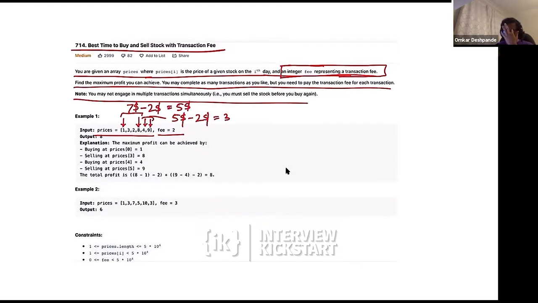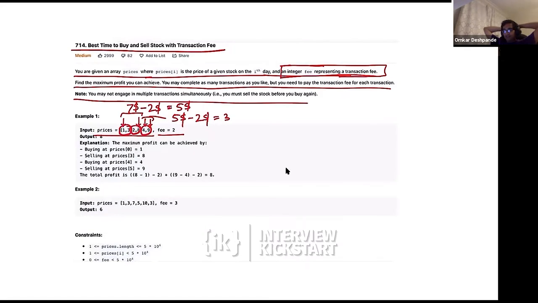Without a fee and with any number of transactions, we would have done things differently. We would have had a transaction that goes from 1 to 3, another from 2 to 8, another from 4 to 9, and that way we would capture all 3 rises and avoid any fall.